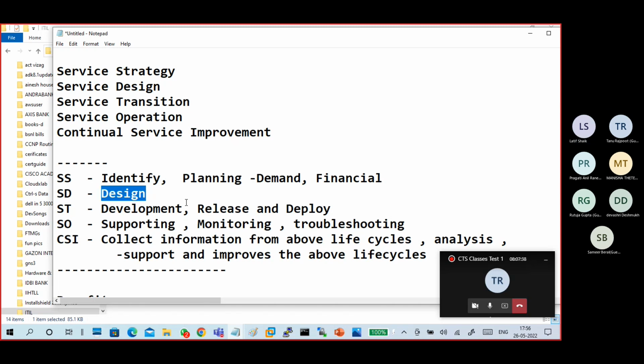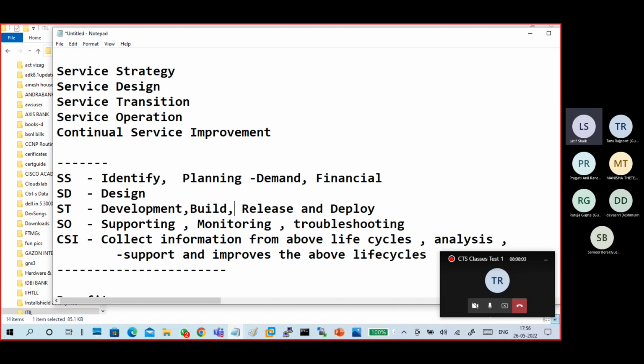And develop according to the service: development, build and deploy, release. Develop, build, deploy, release comes under service transition.